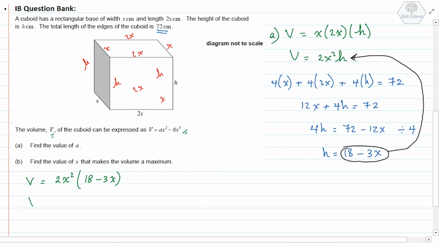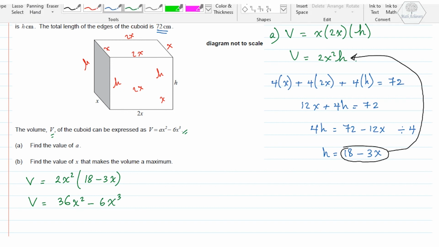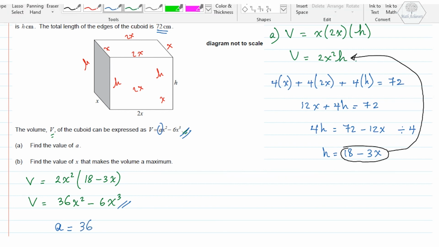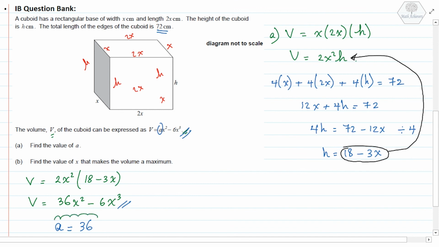So I have the volume equal to 36x squared minus 6x cubed. So now you can see that this equation in here is similar to this one. It's 36x squared minus 6x cubed. Here we have ax squared minus 6x cubed. So we can realize that the value of a is equal to 36. So by this, we found that the value of a is equal to 36.